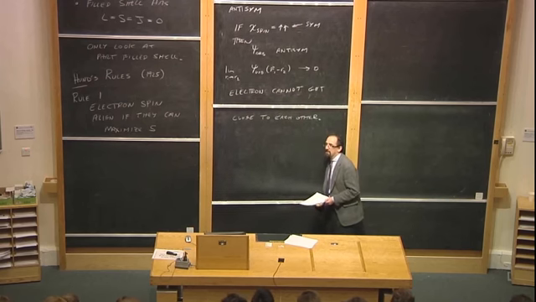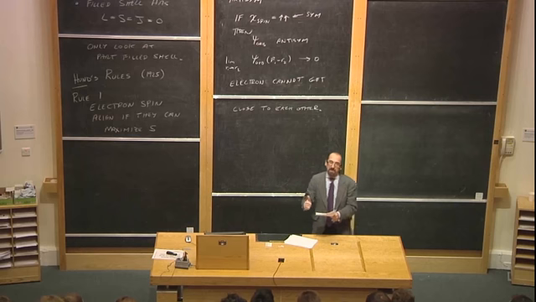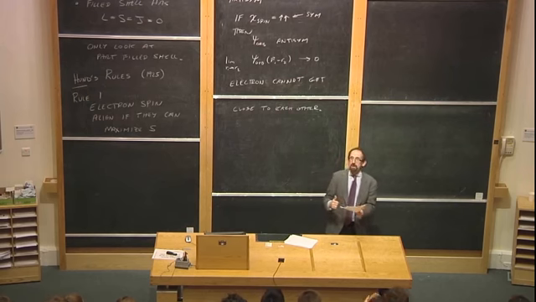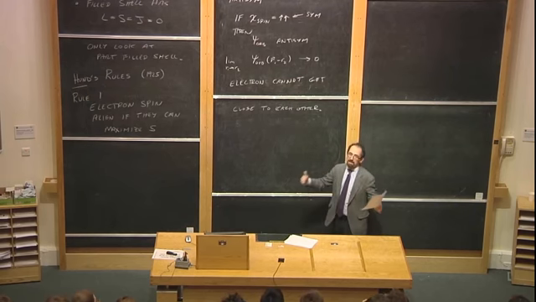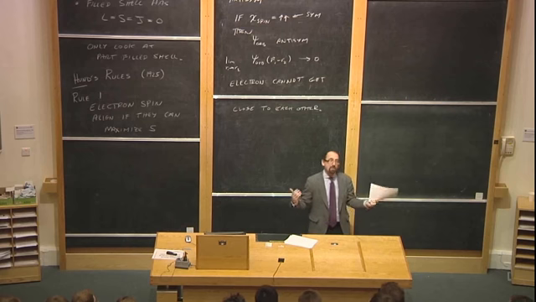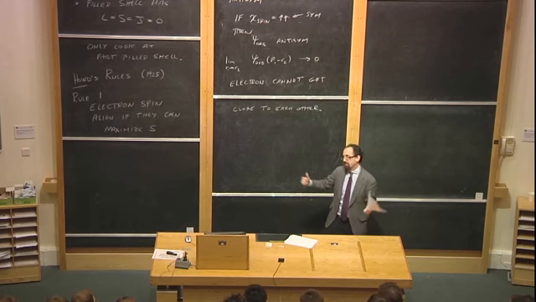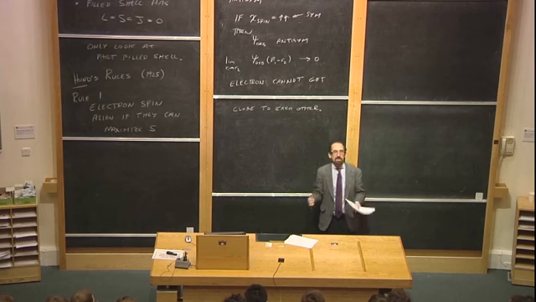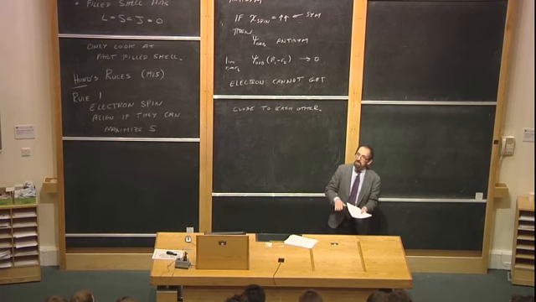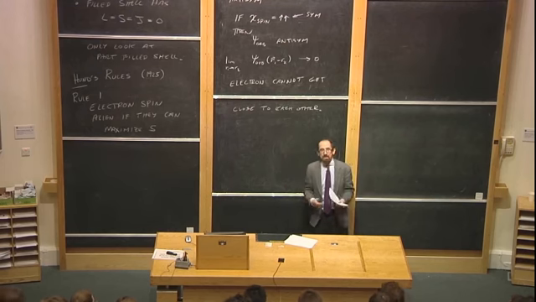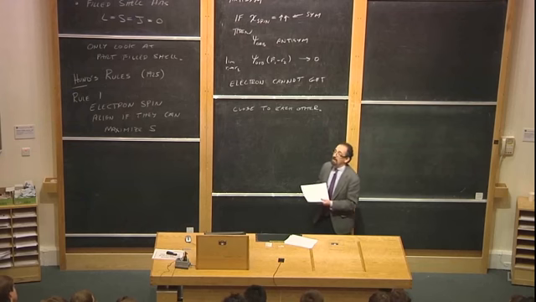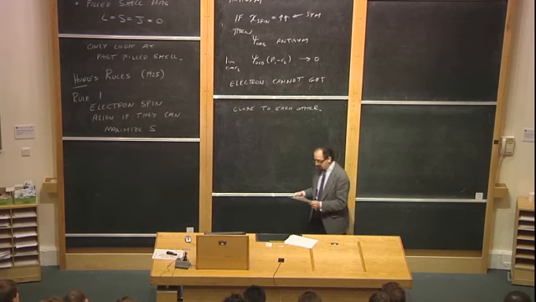So the story goes kind of like this. If the spins are aligned, then because of the symmetry of the wave function, the electrons can't get close to each other. And that makes the Coulomb interaction happy, because the Coulomb interaction doesn't want the electrons to get close to each other either. So the energy is naturally lower because the electrons are staying farther apart from each other. Okay? It's almost right, but it's not really right.